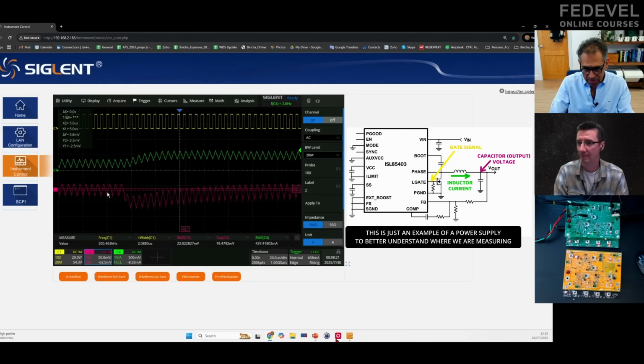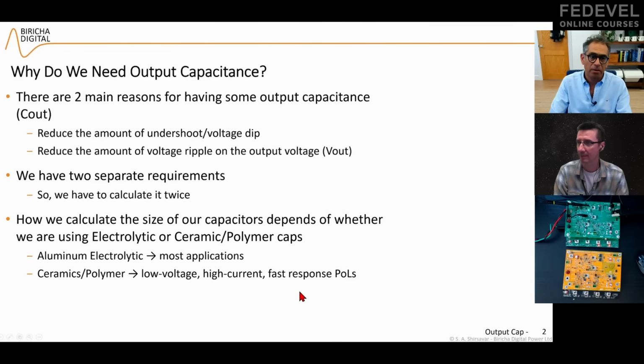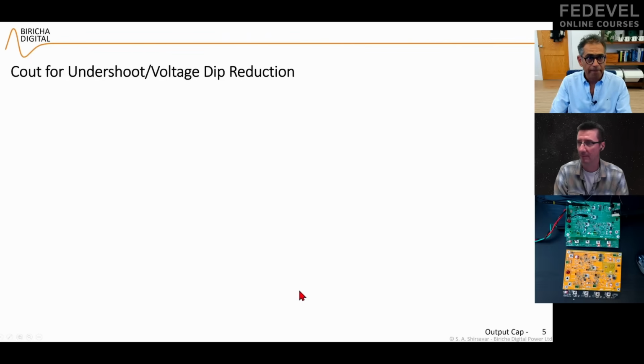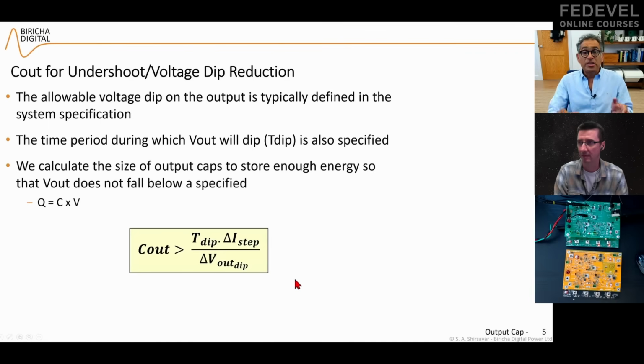So let me then show you what we do. We're going to first do the voltage dip requirement. The allowable voltage dip on the output of the power supply is specified in the specifications, right? The time period that you allow it to dip before the control loop starts to kick in is also often specified.